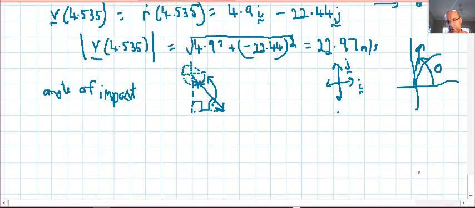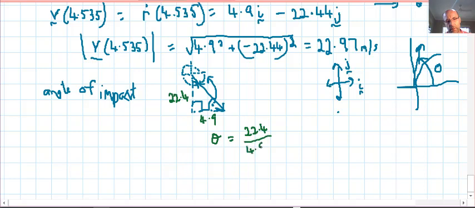Using our little triangle, we've got 4.9 in that direction using the velocity, and 22.4 there, its magnitude. The negative's irrelevant here, and we've got opposite over adjacent, so we use tan. It's going to be the inverse tan of 22.4 over 4.9.